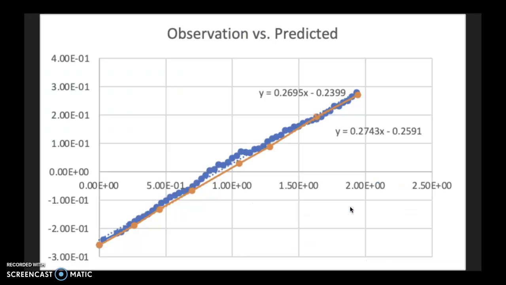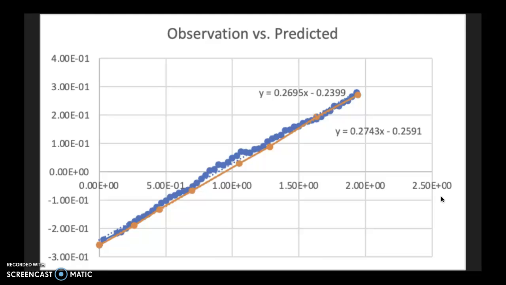As we move on next, we have the observation versus predicted. The blue line is the observation, which was created through the Tracker app. And the predicted was based on the Python. I gathered some points from my Python code.